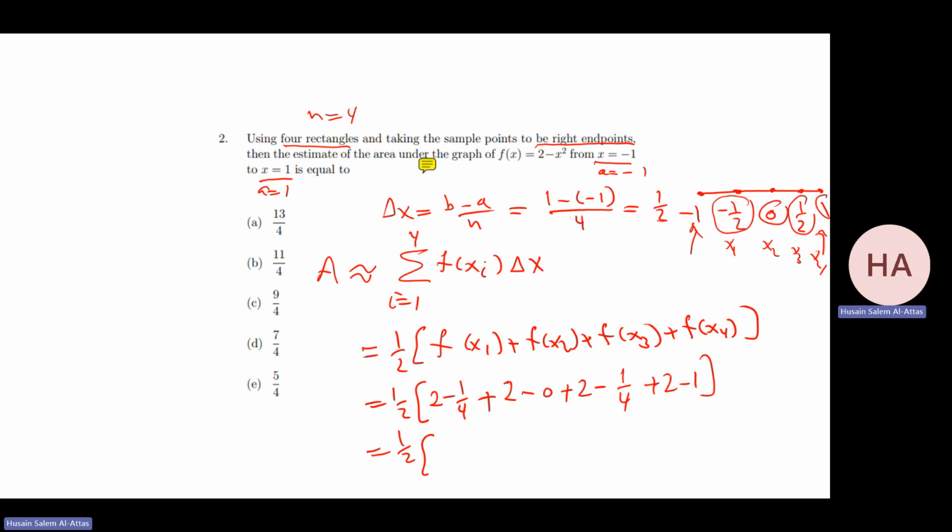So this is 2, 2, 2, 2, and the minus half. So I have 2 plus 2, 4 plus 2, 6 plus 2, 8, so 8 minus half. In other words, it will be half times 14 minus 1, 13 over 2. And that gives me 13 over 4.